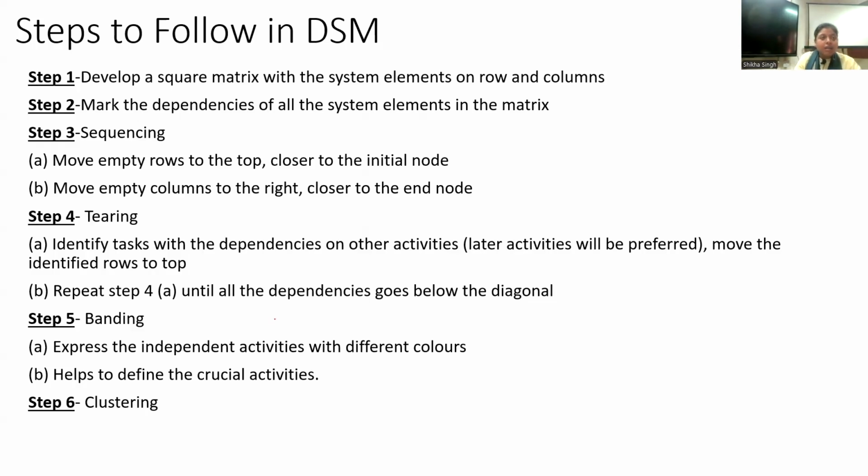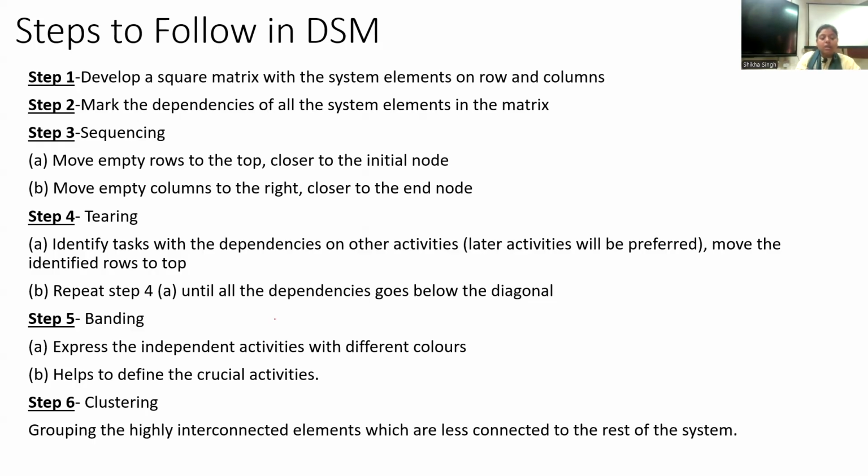That is called clustering, grouping the highly interconnected elements which are less connected to the rest of the system, right? So that becomes very important for the subsystems or systems engineers who are working around, and it is also an important insight to optimize the whole system.